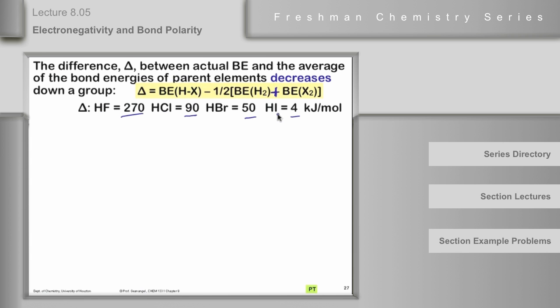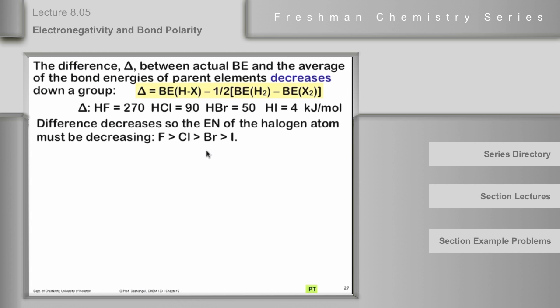And the electronegativity of iodine looks like it's almost the same as the electronegativity of hydrogen. Well, Pauling looked at a bunch of these things, and he came up with a way, after assuming that fluorine was the most electronegative element and that its Pauling electronegativity was 4.0, he developed a whole scale.